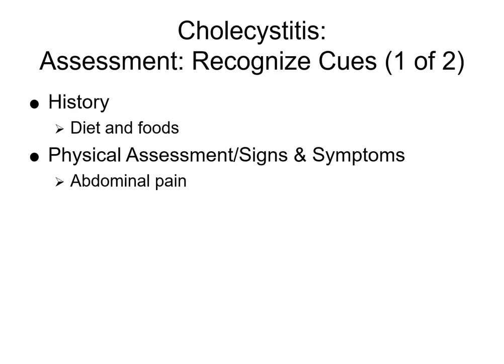High-fat diet, especially if it's excessive in fat and cholesterol, then this is going to cause some GI upset for the patient. Diets high in fat, high in calorie, low in fiber, and high in refined white carbohydrates place patients at risk for developing gallstones. So you need to ask about what type foods they are eating.